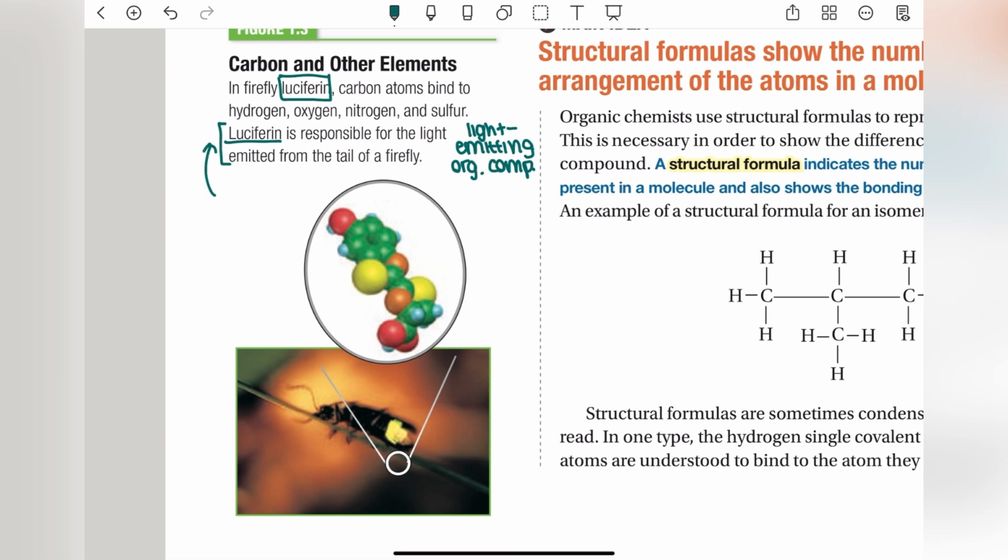So luciferin oxidizes in the presence of an enzyme. And this enzyme is called luciferase.